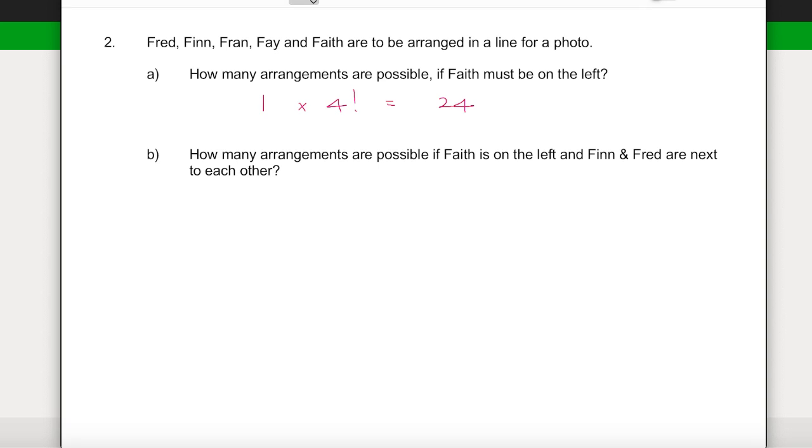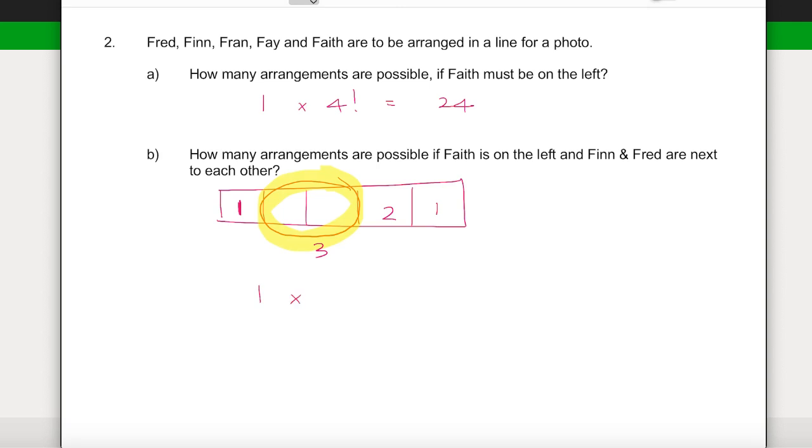How many arrangements are possible if Faith is on the left and Finn and Fred are next to each other? So I'm going to draw that rectangle again with my 5 spaces. So we're going to put Faith here, and we're going to put Fred and Finn together. So I'm going to group them into one unit. So now I've got 3, 2 and 1. So I've got Faith, her position is set.